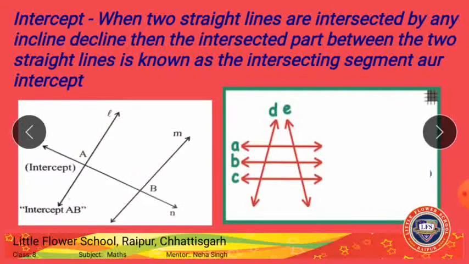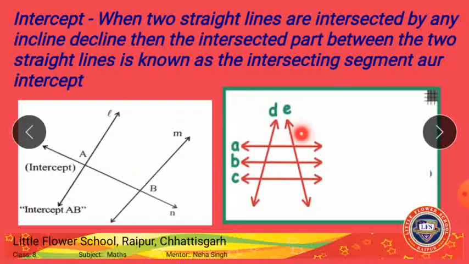We can see through this example. See, if this intercept is equal between the two parallel lines, the distance between the two parallel lines, then similarly the intercepts made by transversal E will also be equal. Suppose in a question it is given the ratio between the intercepts of the transversal D. So what will it be?